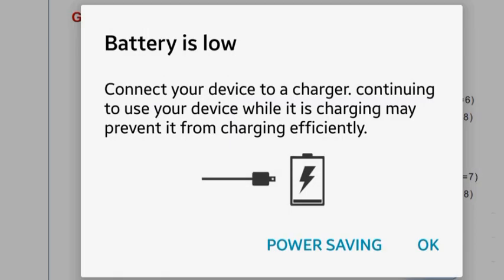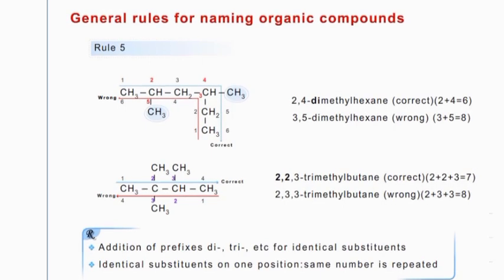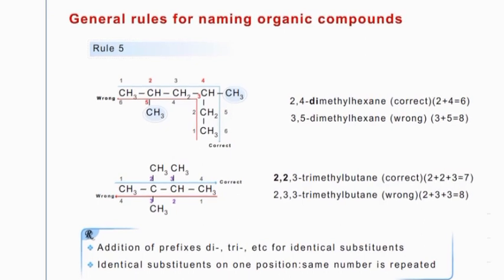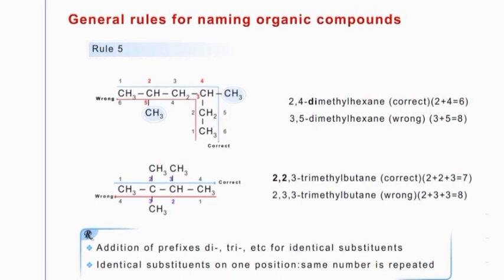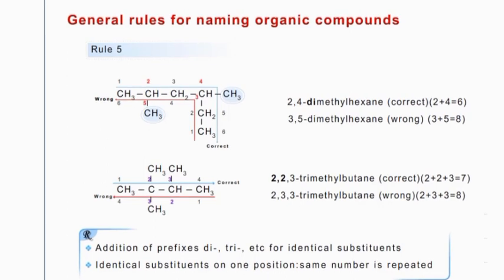There is a hyphen that separates the locant numbers and the letters of the name. 2, 3, 3 hyphen trimethyl butane is wrong. The correct name is 2, 2, 3. The reason is 2 plus 3 plus 3 is equal to 8, whereas 2 plus 2 plus 3 is equal to 7. So the lower sum is correct, and the correct name is 2, 2, 3 trimethyl butane.